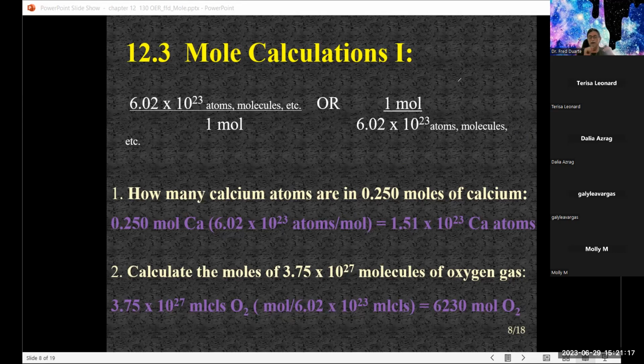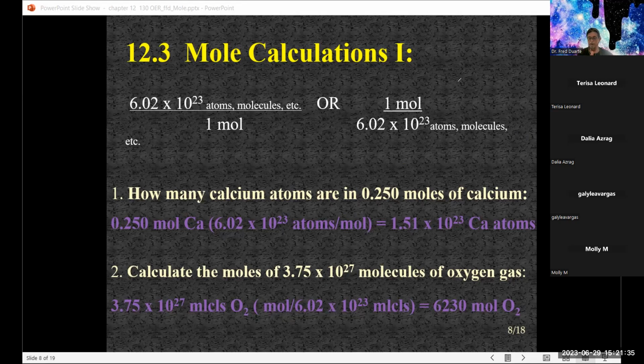Keep in mind that you write down what you're given unit-wise and what units you're going for, so you have a roadmap of how to put these conversion factors together to get you to the units that you need, okay?